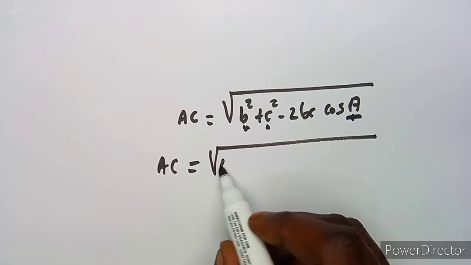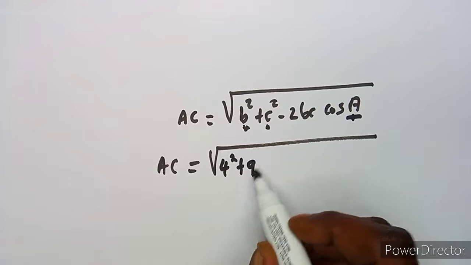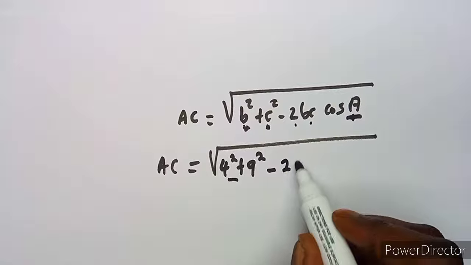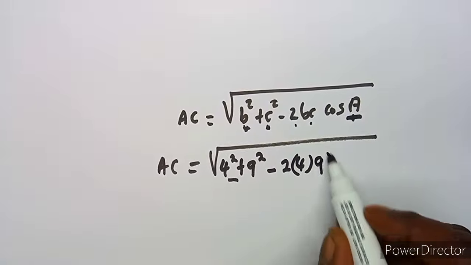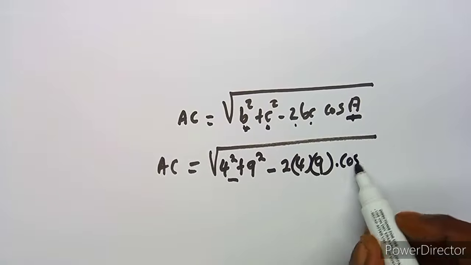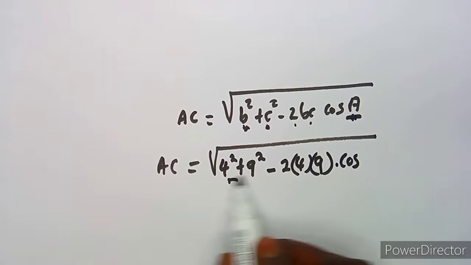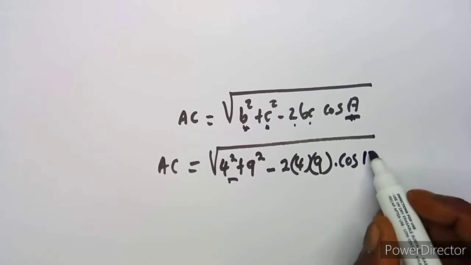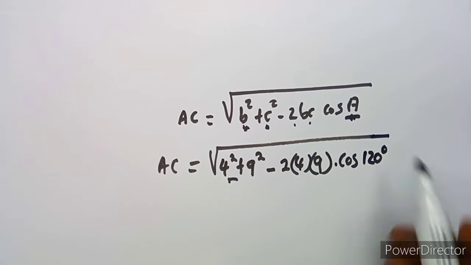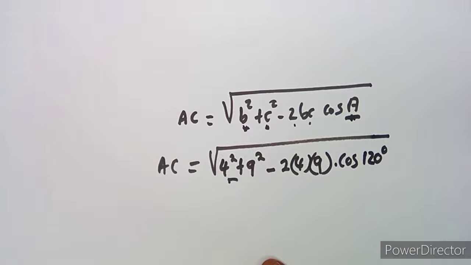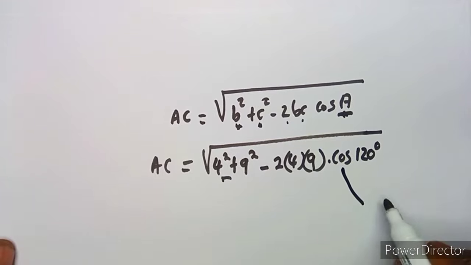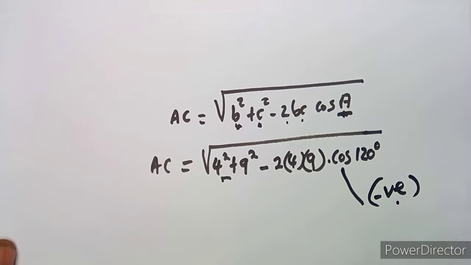So it's going to be 4 squared plus 9 squared minus 2bc, which is a repetition of these two sides again, 2 times 4 times 9 times cos A, which is the angle created by these two sides. And what is the angle that is created? It's 120 degrees. But this time you must take this with a pinch of salt whenever you work with cos. Why? Because cos of an obtuse angle is negative.